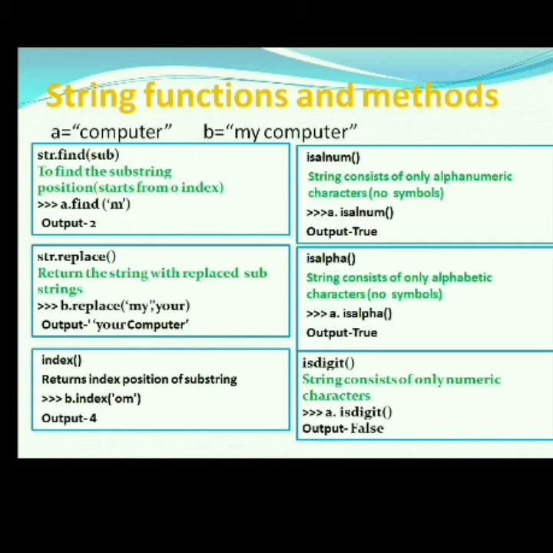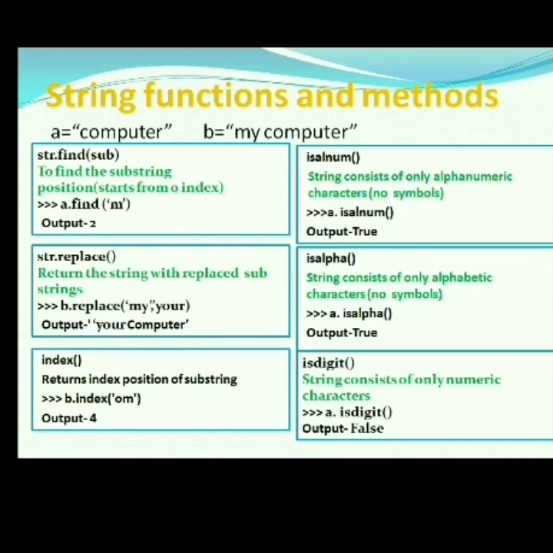The replace method returns a copy of the string with all occurrences of the substring old replaced by the new string. In this example, b is equal to my computer and we are replacing my with your, and the output will be your computer. b.replace('my','your') will do this job. The index method will return the index position of the substring.